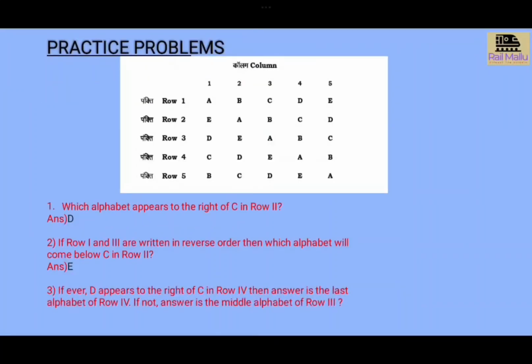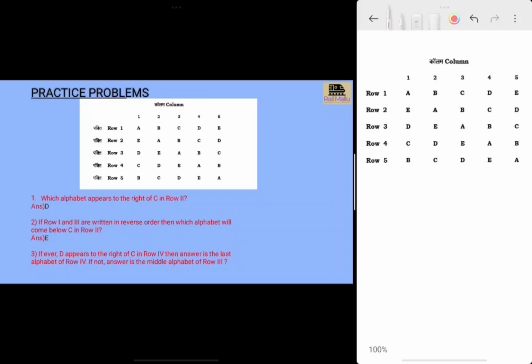If D appears to the right of C in row 4, then the answer is the last alphabet of row 4. If not, the answer is the middle alphabet of row 3. Here the question seems to be difficult, but the answer is easy. Take row 4.